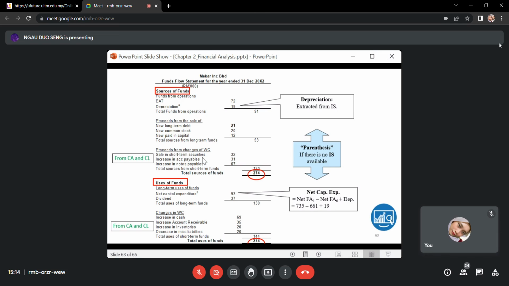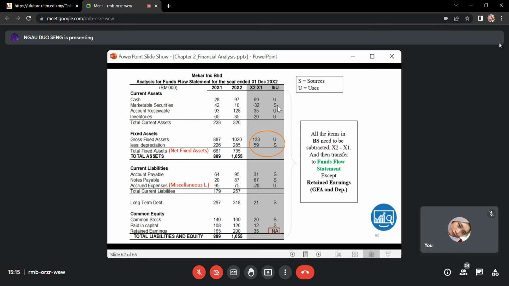Sales in the short-term securities, increase in account payable, right? And then we have the increase in notes payable. All right, then we have uses of fund. So we group them according to sources and uses. So you can check here.